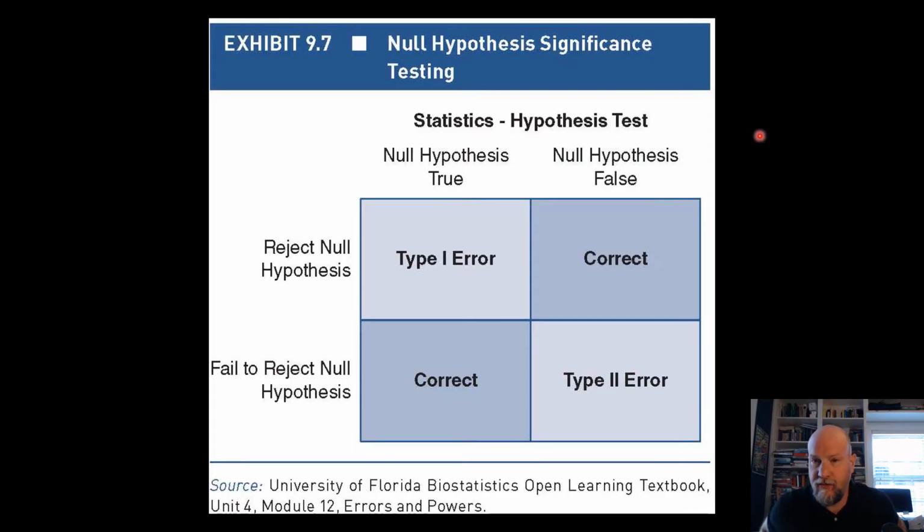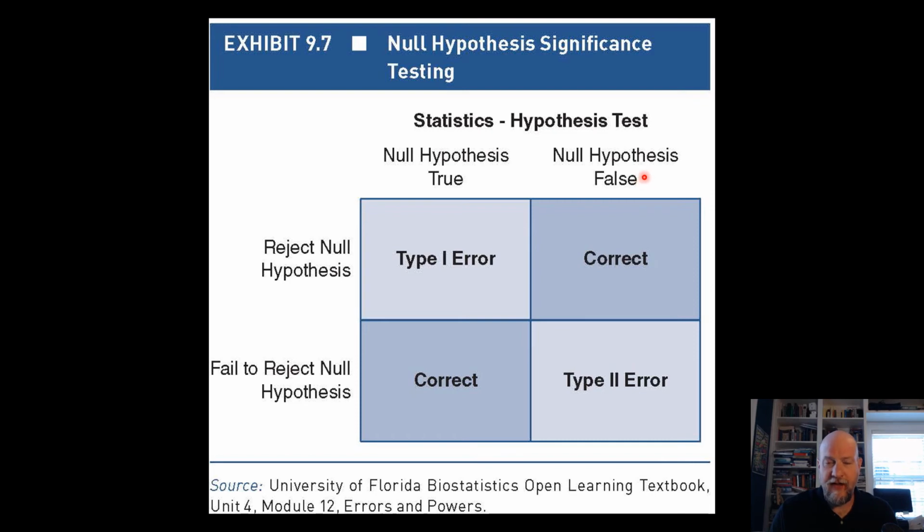So this is just a little graphic that I hope helps to explain this distinction between type 1 and type 2 errors. Okay. On this axis, what we have is the statistics, the results of our null hypothesis testing, our statistically significant tests. Over here is the decision that we make, on this axis.